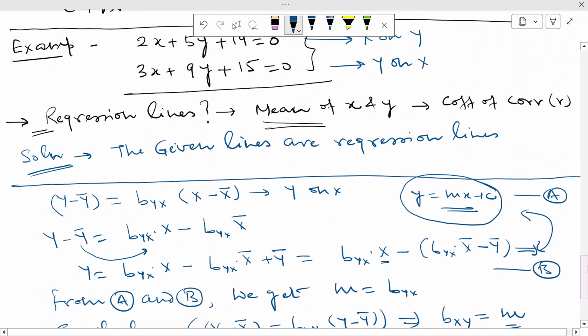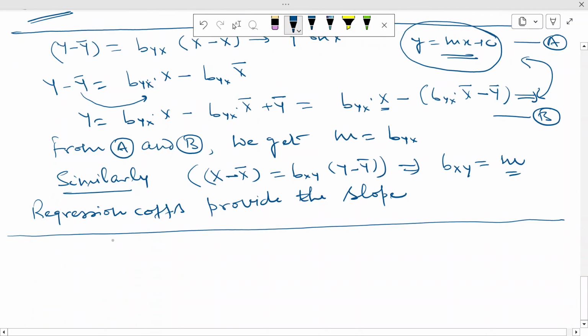Now coming back to our problem, we are given two lines, and we have to check first of all whether these lines are regression lines or not. So let us begin with the solution.